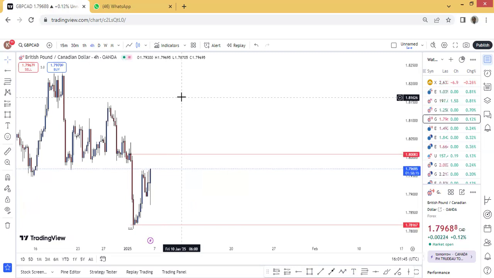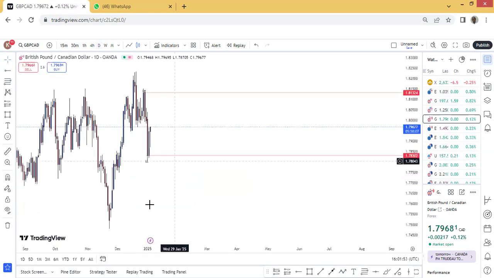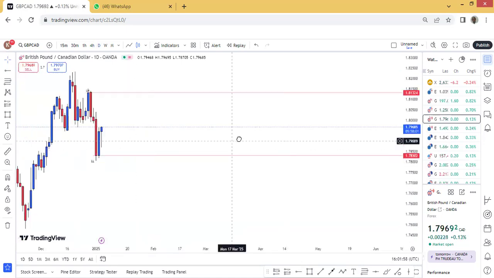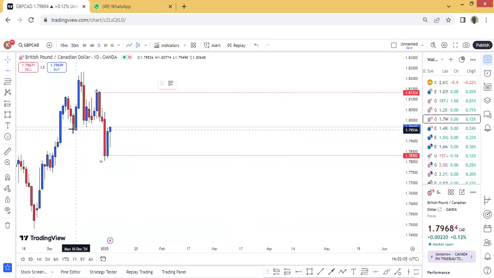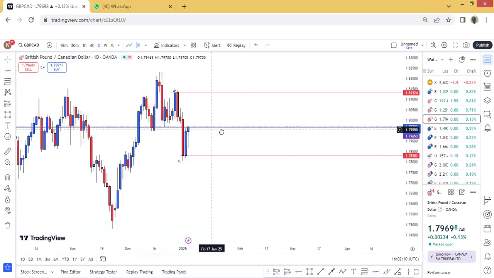I want to trade with the trend. So what I'm going to do is find where we can sell from. That's why we identify key levels. So this is our first key level. Remember, we are always looking at the closing price. So currently price is at a key level.